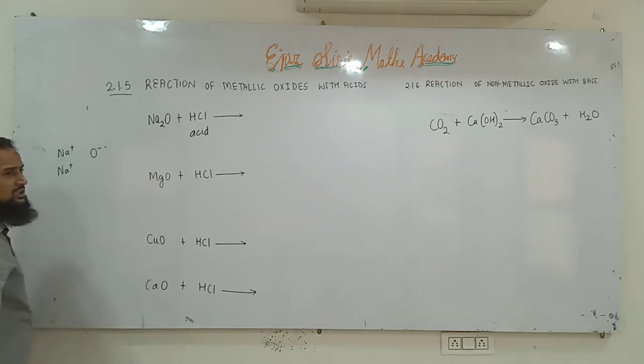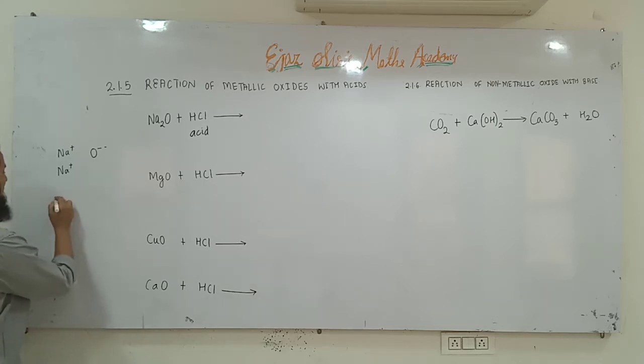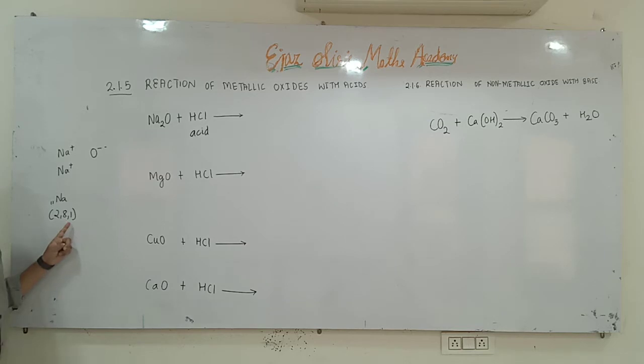When we study the periodic classification of elements chapter, we will see that sodium has atomic number 11 and its electronic configuration is 2, 8, 1. So it needs 7 more electrons to complete its octet, and 7 electrons cannot be gained. That's why it will donate 1 electron, and hence the outermost orbit will have 8 electrons. So to complete its octet, it donates 1 electron.